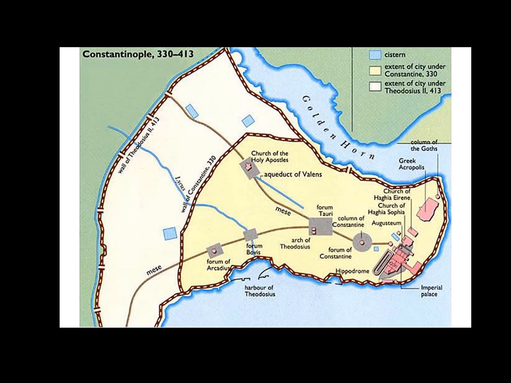What's important for us to know is that, yes, in the West, the Roman Empire falls, and the official date of that is 476 CE. But even though the Roman Empire falls in the West, the Roman Empire continues in the East. It's centered in Constantinople.